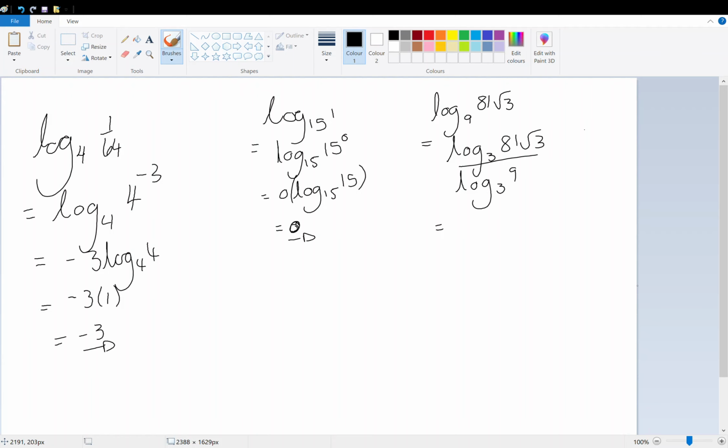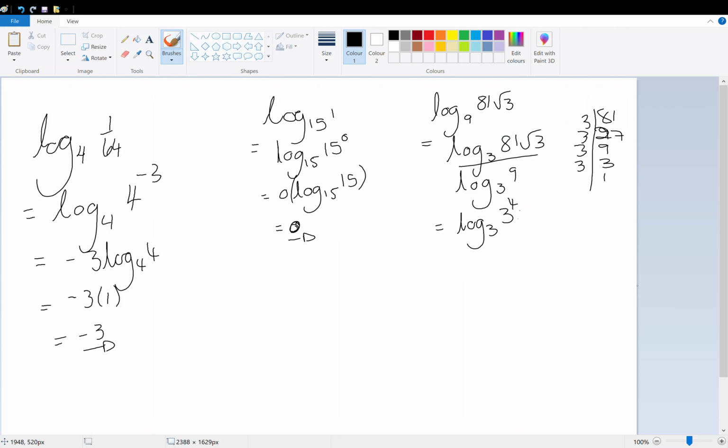Now, if you've got 81, 3 goes into that 27 times, 3 goes into that 9 times, 3 goes into that 3 times, 3 goes into that 1. So 81 is 3 to the power of 4. Log base 3, 3 to the power of 4.